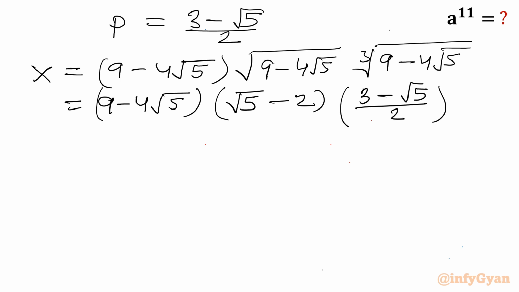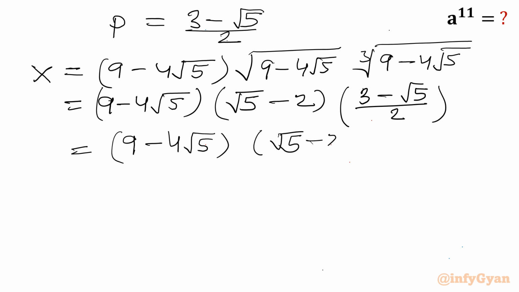Now I will take the product, multiplication. So I can write equal to 9 minus 4 square root 5, then I will write root 5 minus 2 times 3 minus root 5 divided by 2.